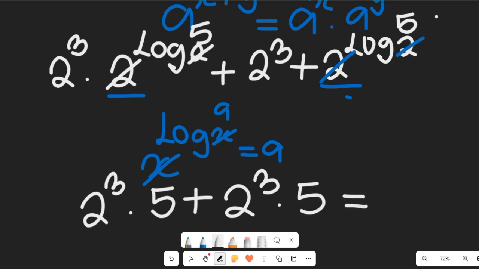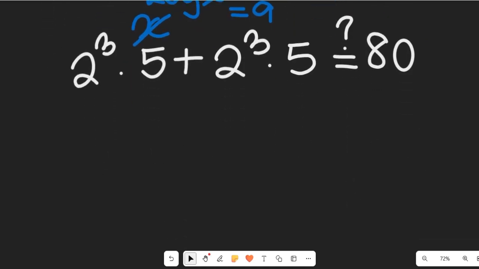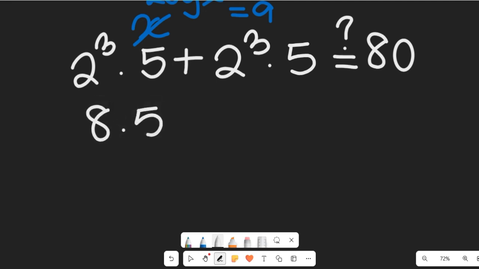Now, will this be equal to 80? In the next step, we'll find that out. 2 to the power of 3 is 2 times 2 times 2. 2 times 2 is 4, 4 times 2 is 8. So we'll have 8 multiplied by 5 plus 8 multiplied by 5. 8 multiplied by 5 is 40.